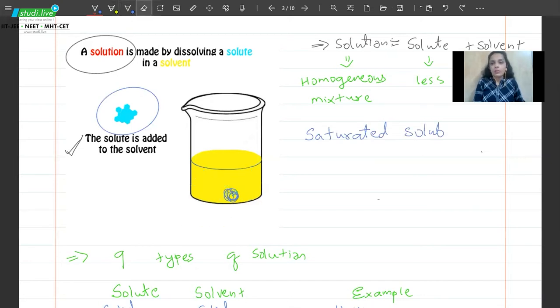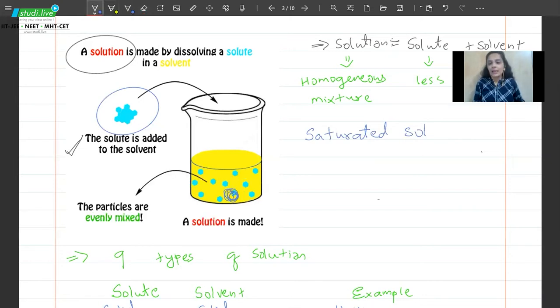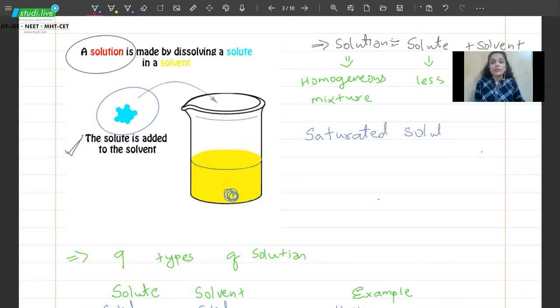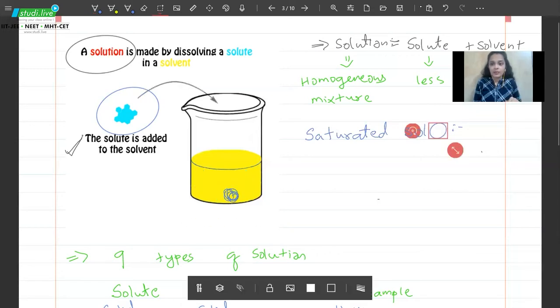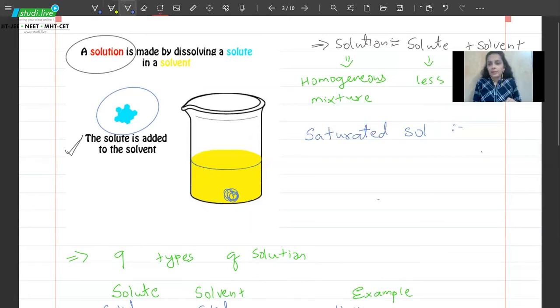Yes, saturated solution. So if someone asks you what exactly a saturated solution is, it describes a solution in which the maximum amount of solute is dissolved in the given amount of solution. Let me write that part for you again.